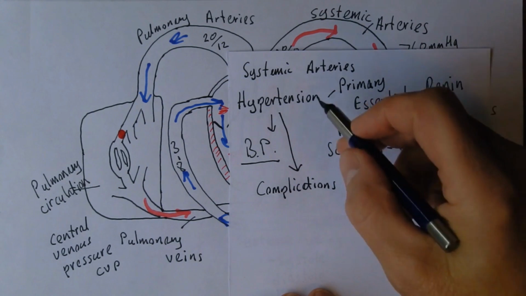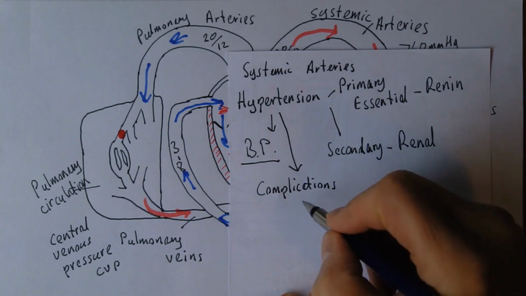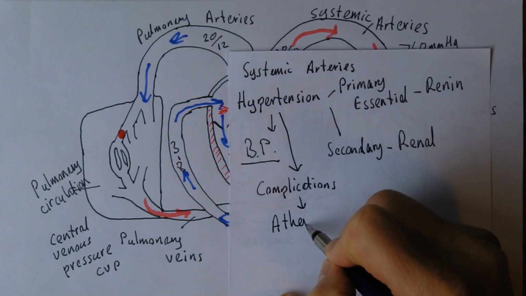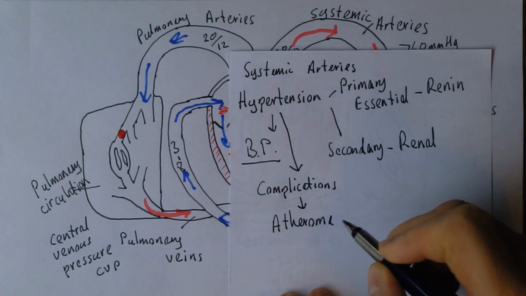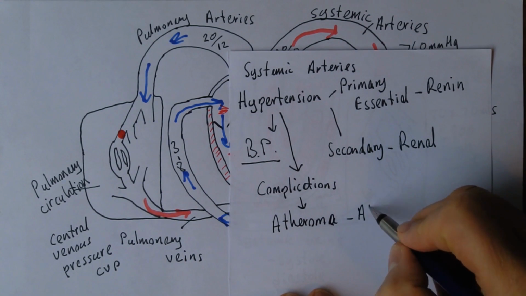But it can just present on its own. There's a genetic component sometimes, but again, not necessarily. And there are complications. One of the complications is atheroma, which develops in the blood vessels, the disease process of atherosclerosis.